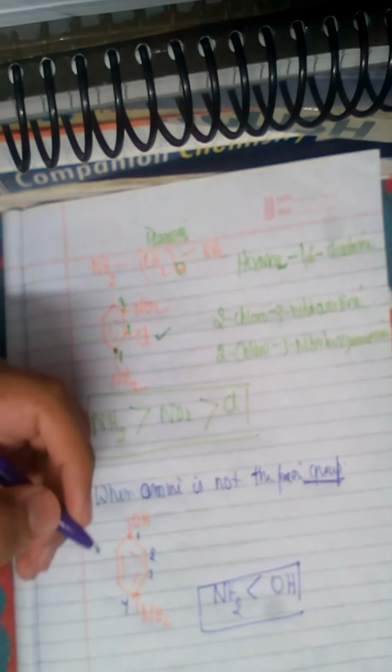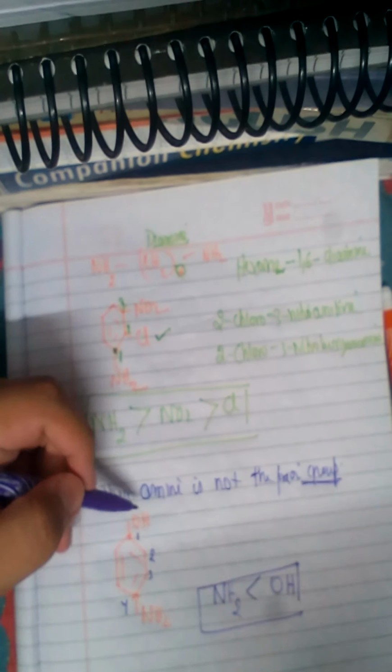So this becomes carbon 1 because OH is more prior, so OH will get carbon 1, carbon 2, carbon 3, carbon 4. Amine will get carbon 4, and whenever, the prior group always gets the suffix and the less prior group always gets the prefix.